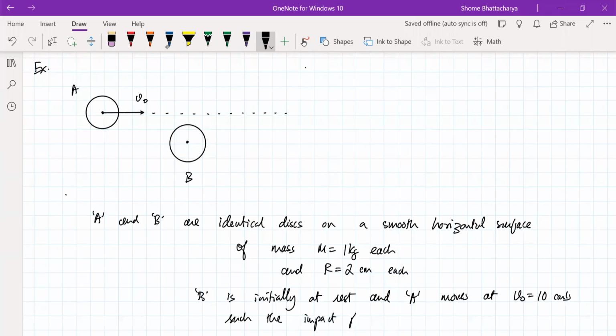this quantity here is 2√3 centimeters. What the impact parameter means is that this perpendicular distance is the impact parameter.